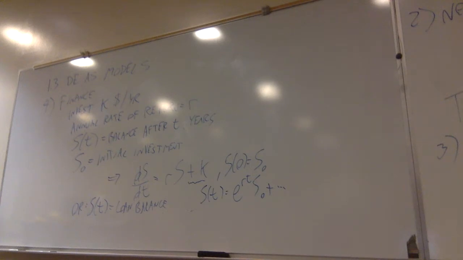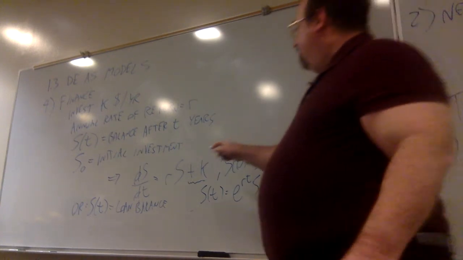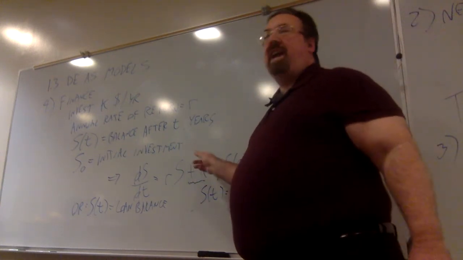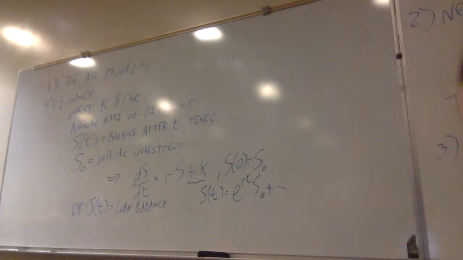If the interest is already taken into account, this additional term here, what could that be? Payments. Yeah, loan payments. But in that case, this term would be negated. Yeah, it ought to be negative anyway.